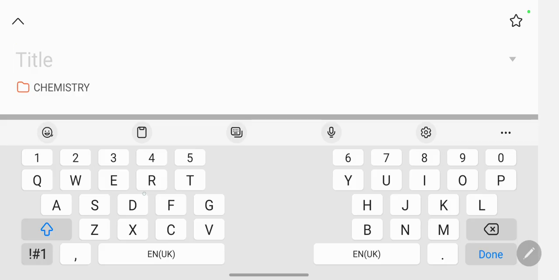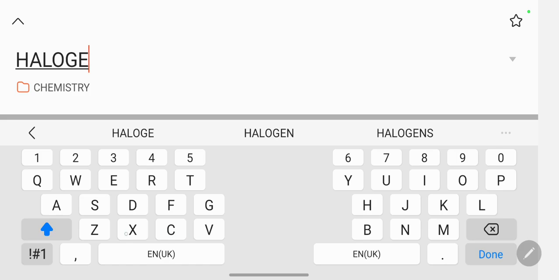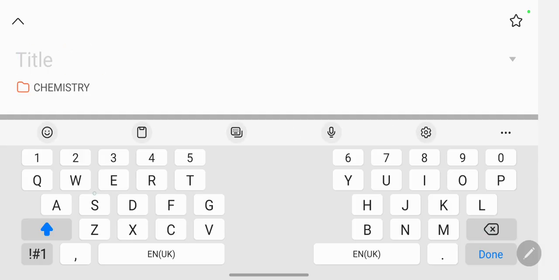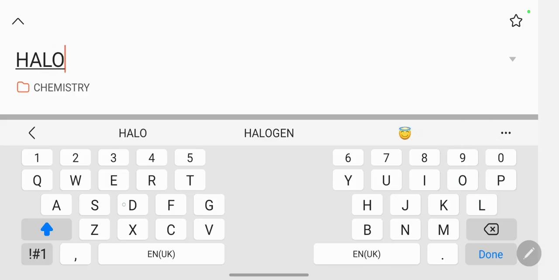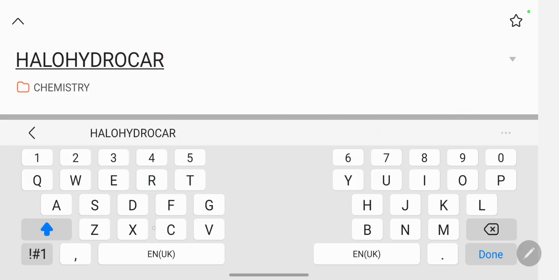We are dealing with halogen or halohydrocarbons. Halohydrocarbons.